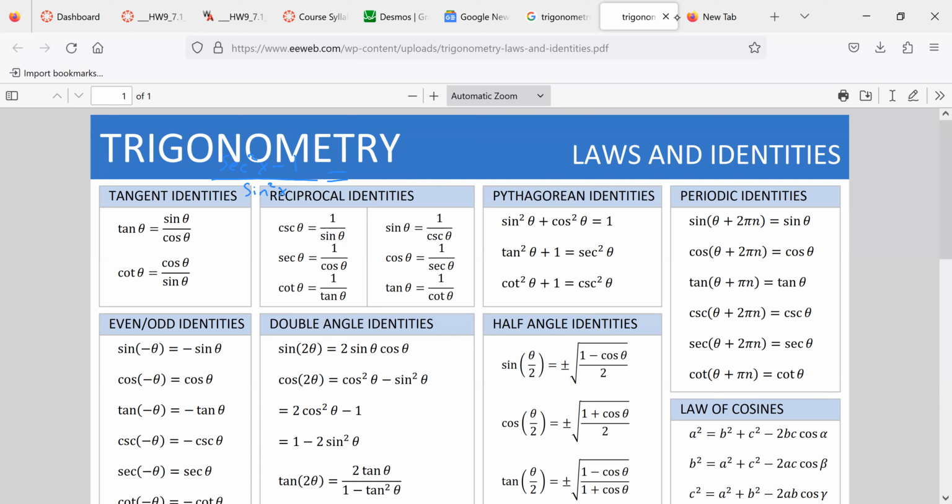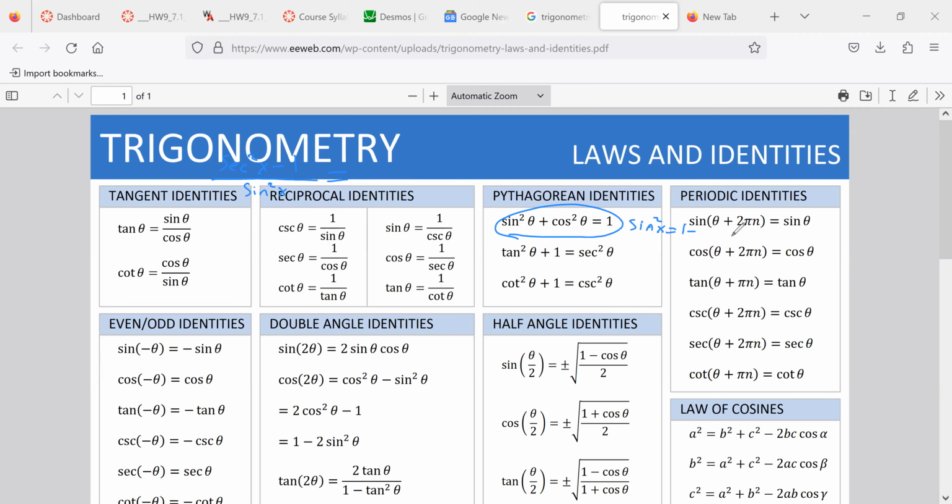It could be tan squared theta plus 1. Yeah, you mean this one right here? Yes. If we subtract the cosine over, we get minus sine, right? So 1 minus sine squared. Oh, I'm sorry.